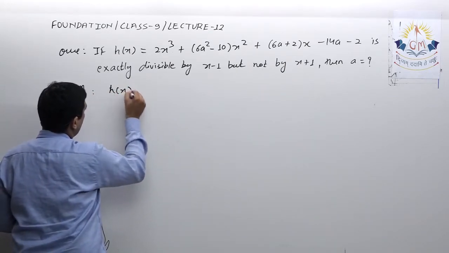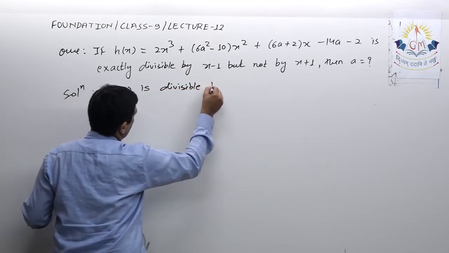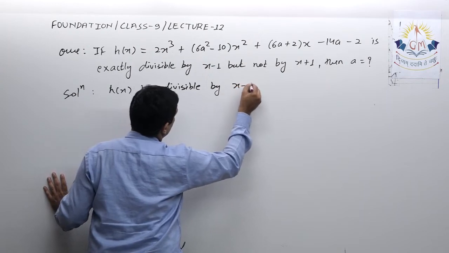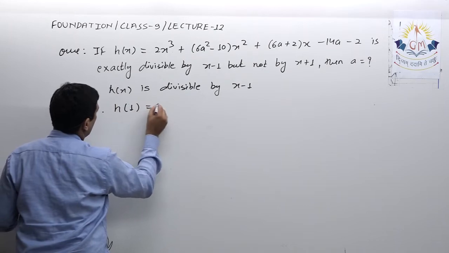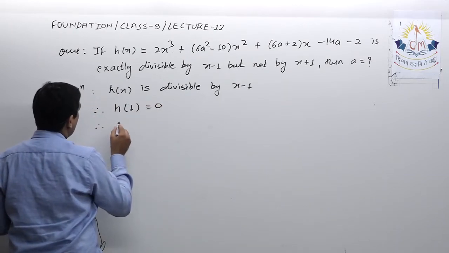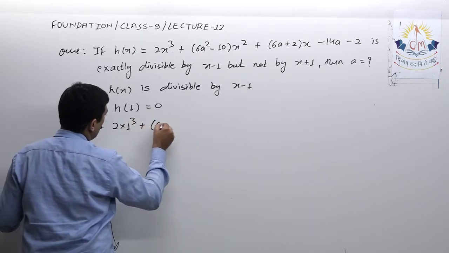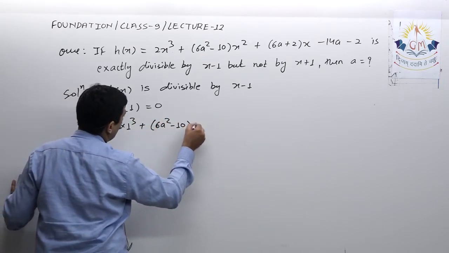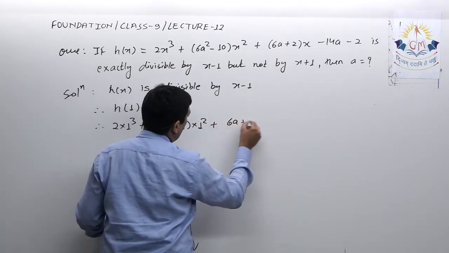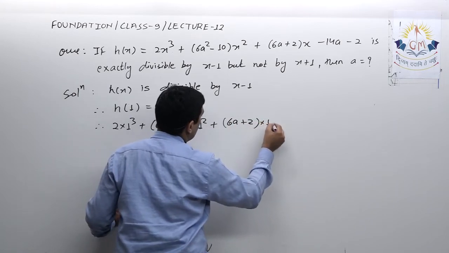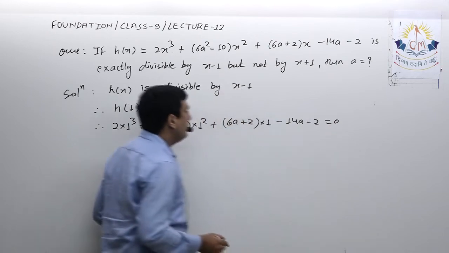See, h(x) is divisible by x minus 1, therefore I can say h of 1 is equal to 0, that is 2 into 1 cube plus 6a square minus 10 into 1 square plus 6a plus 2 into 1 minus 14a minus 2 is equal to 0.